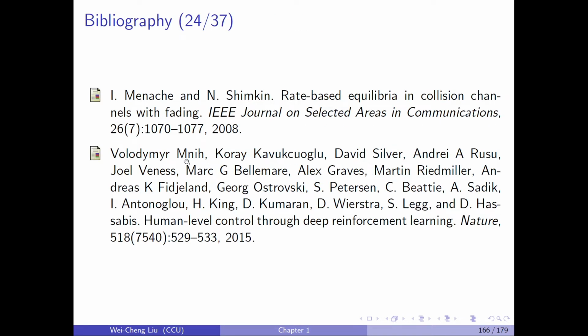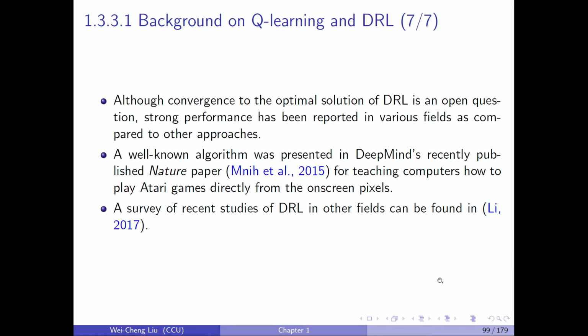The title of the paper is Human-Level Control Through Deep Reinforcement Learning, which was published in Nature in 2015, for teaching computers how to play Atari games directly from the on-screen pixels.